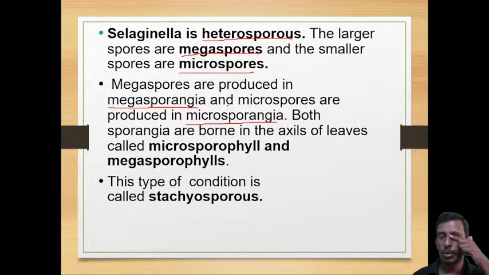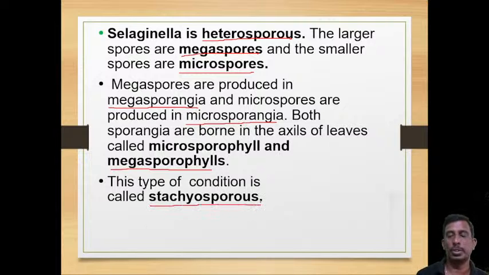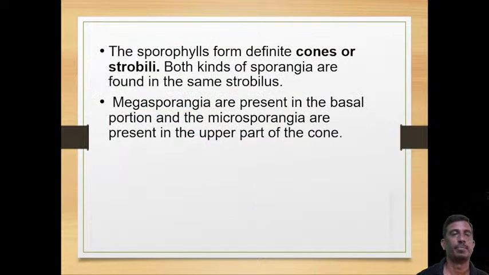The leaves which produce megasporangium are called megasporophylls, and the leaves which produce microsporangium are called microsporophylls. This condition is called heterosporous. These sporophylls aggregate and form cones. Cones are also called strobili.